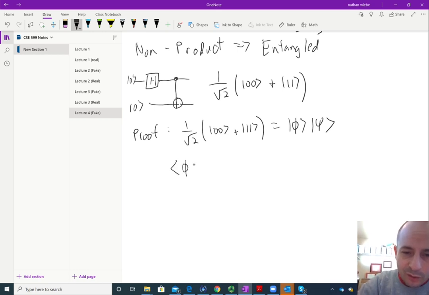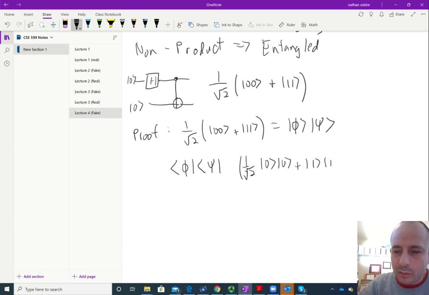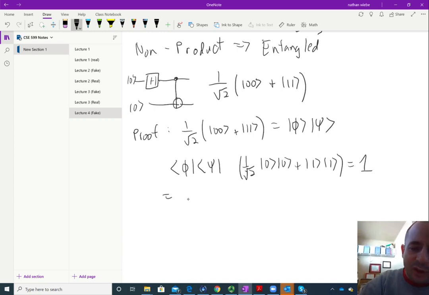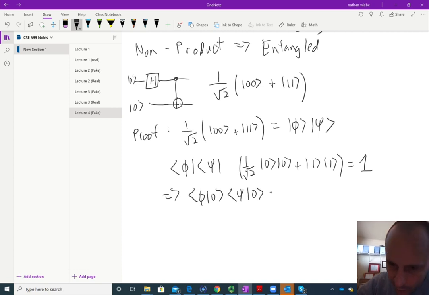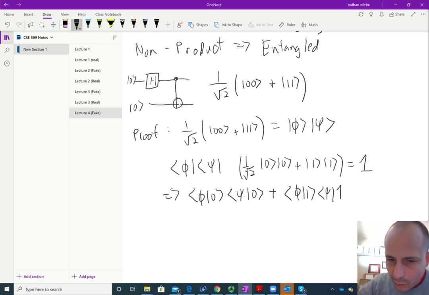So in that case, phi psi with 1 over root 2 (0, 0 plus 1, 1) equals 1. This implies that phi 0 psi 0 plus phi 1 psi 1 equals square root 2.